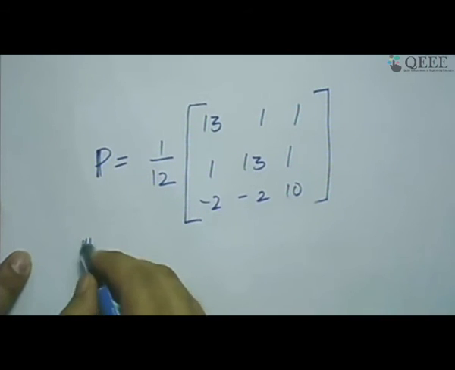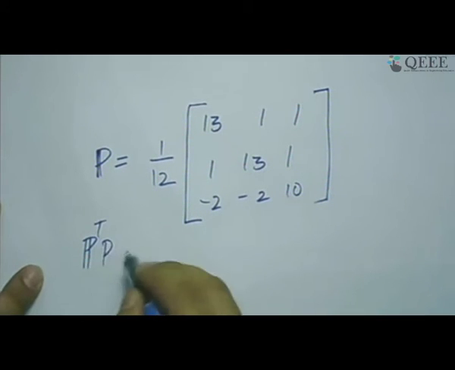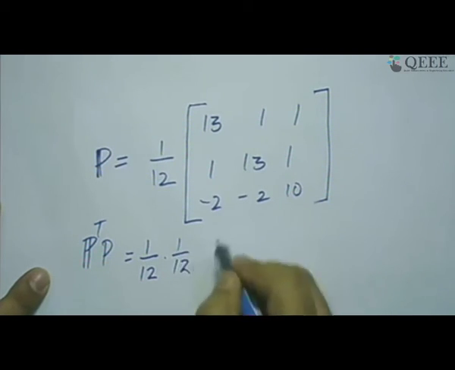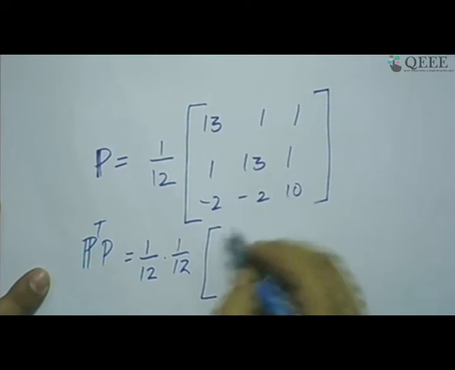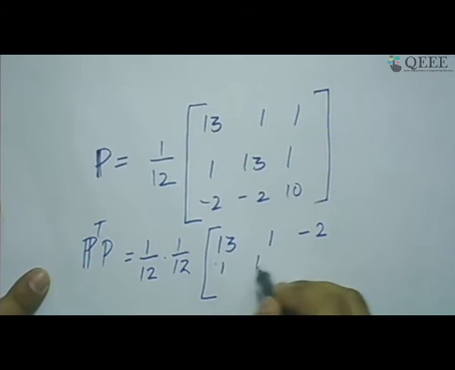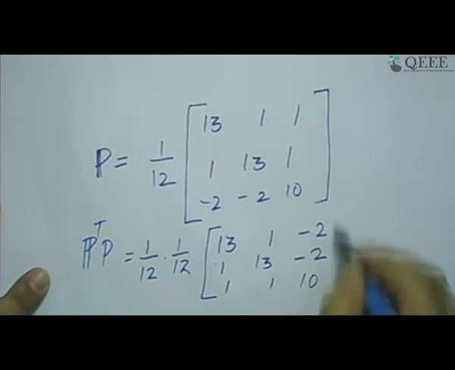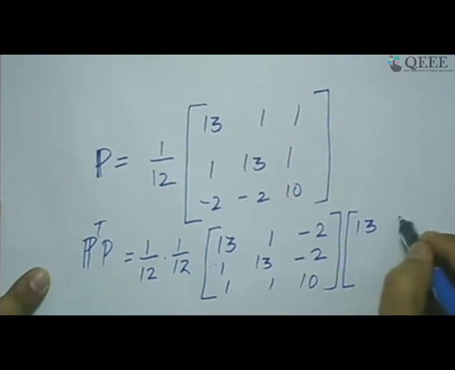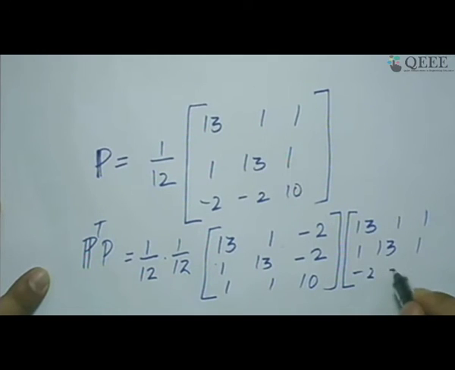What is P transpose P? That's what we want to do. So that will be 1 by 12 into 1 by 12. P transpose, so that is 13 1 minus 2, 1 13 minus 2, 1 1 10, multiplying P, 13 1 1, 1 13 1, minus 2 minus 2 10.